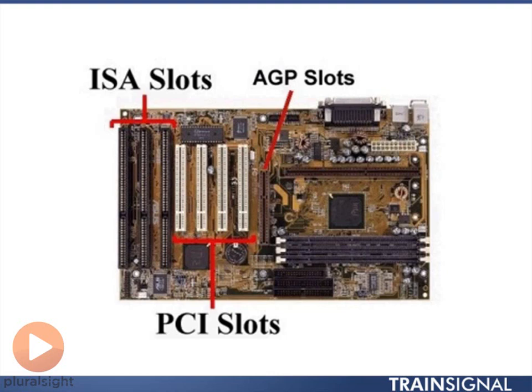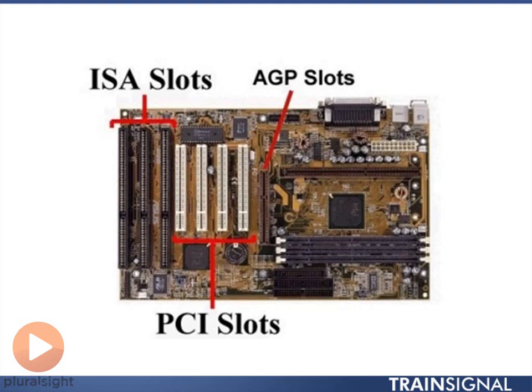Now, it's kind of hard to see here, but there's also a brown slot that is parallel and next to the PCI slots, and that's your AGP slot. And an AGP slot is specifically a video slot. The idea behind it was that video is very resource intensive, right? I mentioned that before. And you really have high demands in order to make video work.